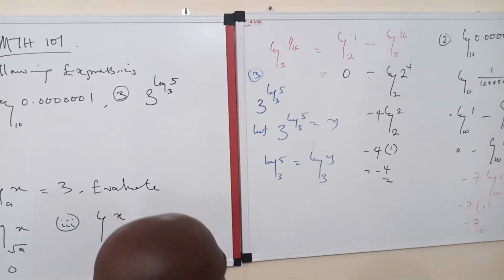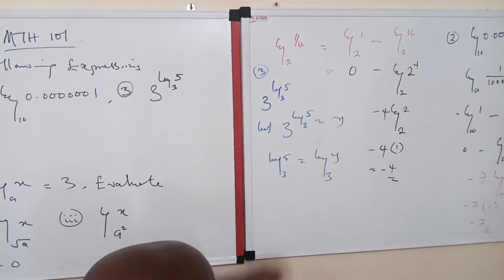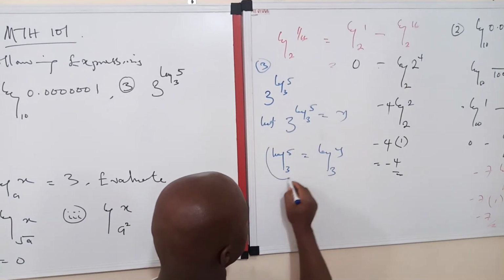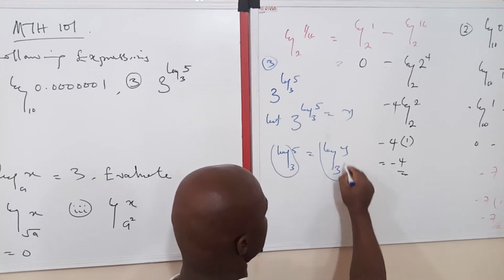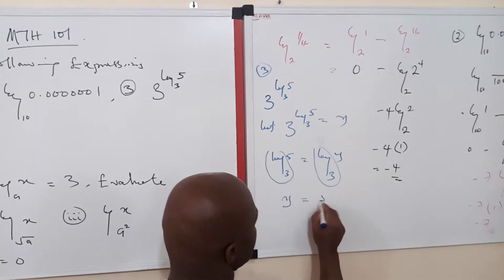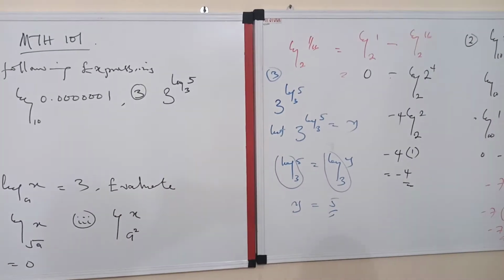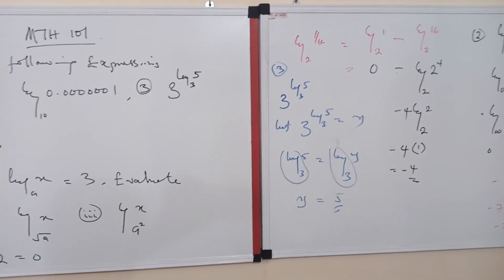This is what we have. Now, once you express it in this form, you can see that this part here is the same thing as this part. So invariably, your y here is equal to 5. So it's just as simple also as ABC.